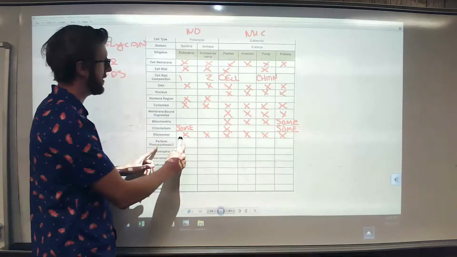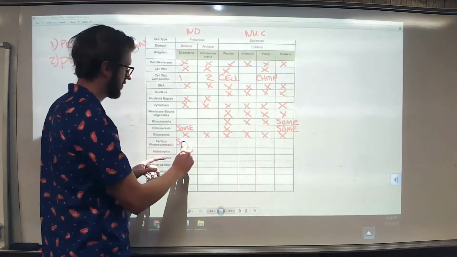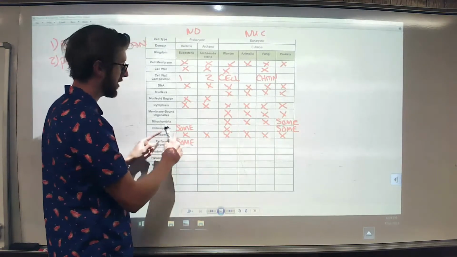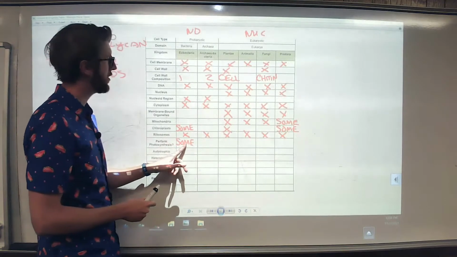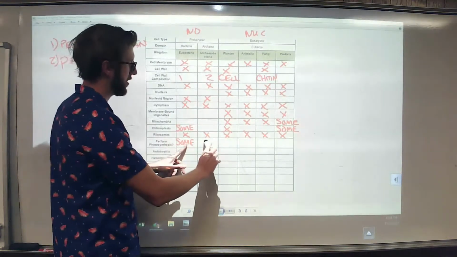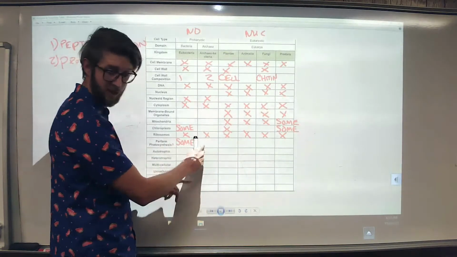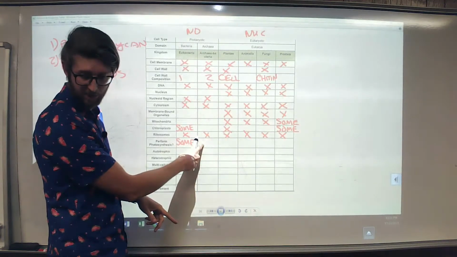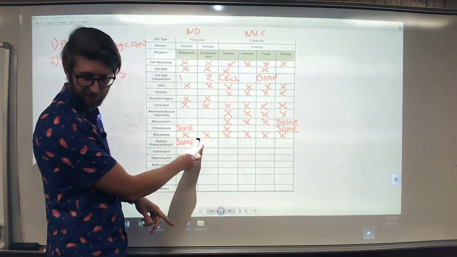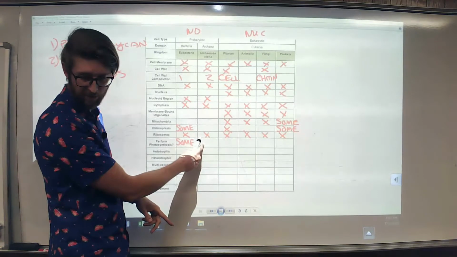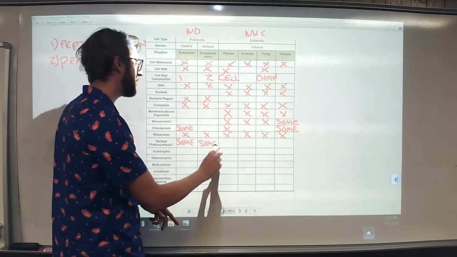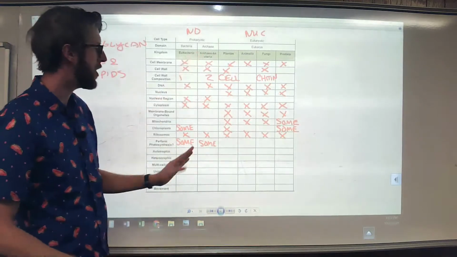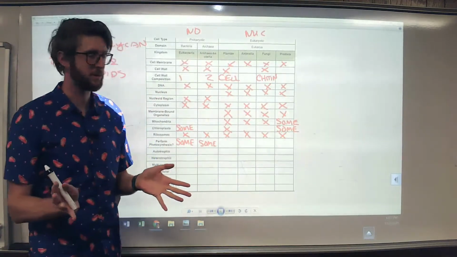Performing photosynthesis, which ones do? Well, some bacteria, because some do have chloroplasts. Archaea, bacteria, I believe some do, if I'm not mistaken. I'm just checking my list because there's a lot of boxes here, and I want to make sure I don't screw up. Yes. I used to think that no Archaea did photosynthesis.